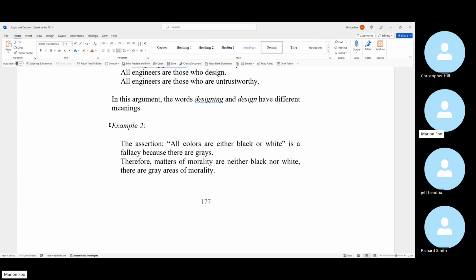Well, you can't take the colors and draw a parallel to morality. The words black and white in morality are different in meaning than the words black and white when you're talking colors. It's just a figure of speech. And again, that's a form of equivocation.